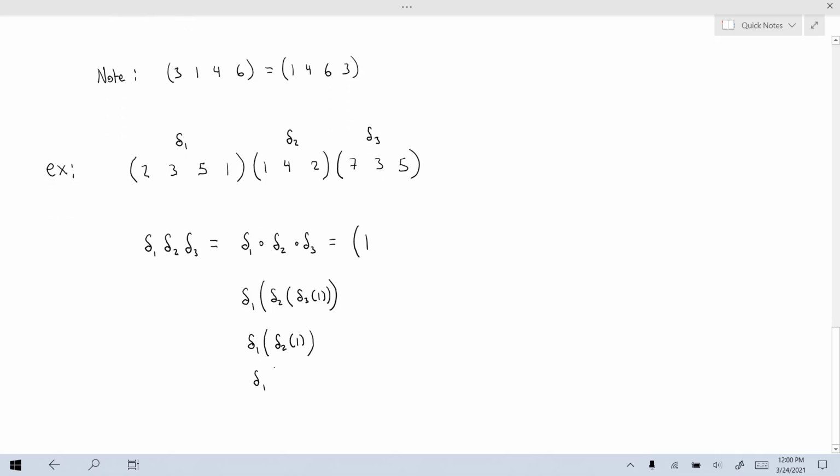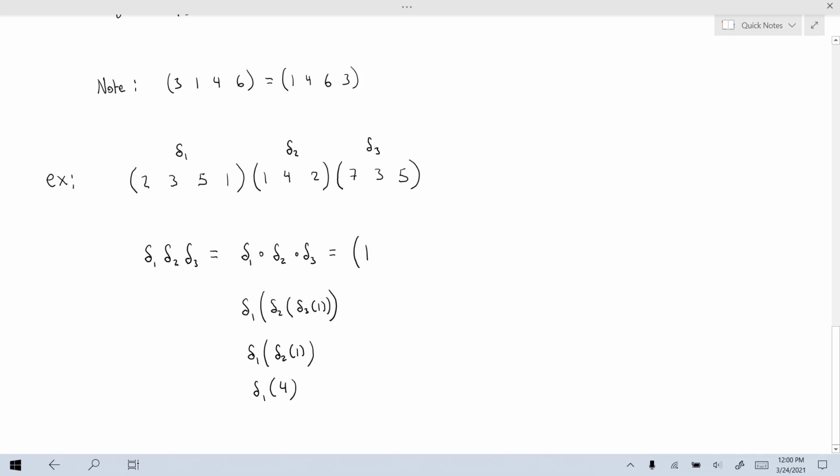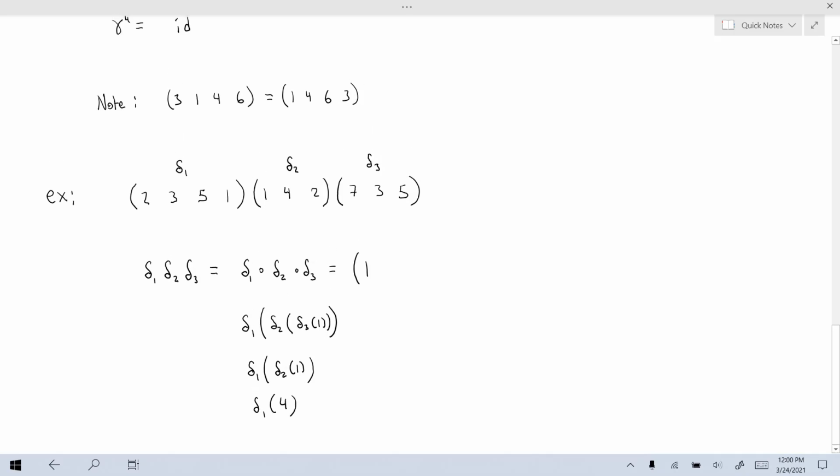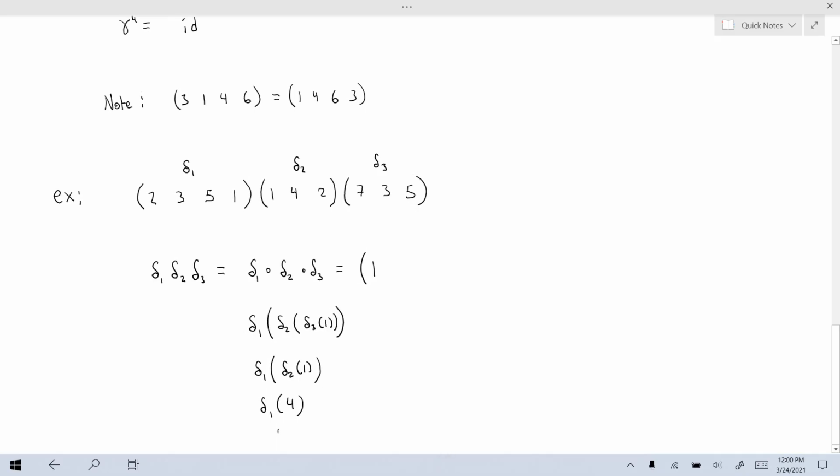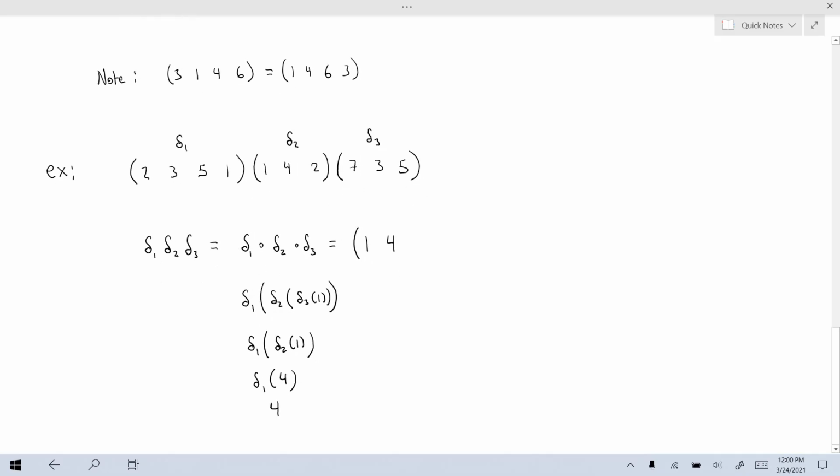Then we need delta 1 of 4, and since 4 is not listed in the cycle for delta 1, 4 maps to itself. So delta 1 of 4 is 4. So ultimately, this composition maps 1 to 4. To do that a bit more quickly: 1 maps to 1, then that 1 maps to a 4, and then that 4 maps back to 4.